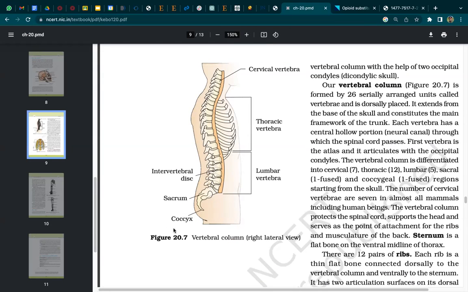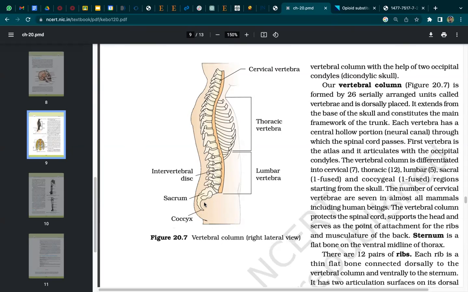In organisms which have a tail, this coccyx continues to grow out and forms the tail. And this remnant of a tailbone in humans suggests the evolutionary link of humans to the tailed mammals.